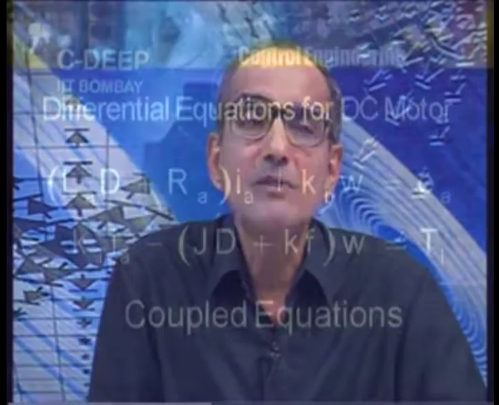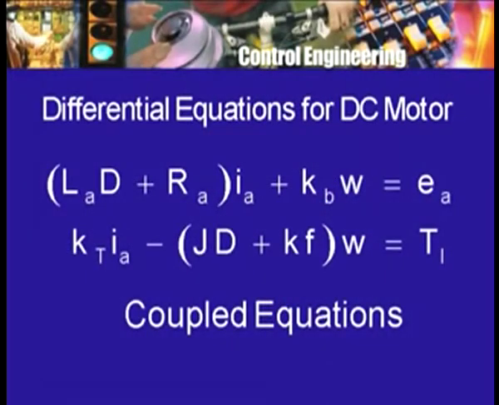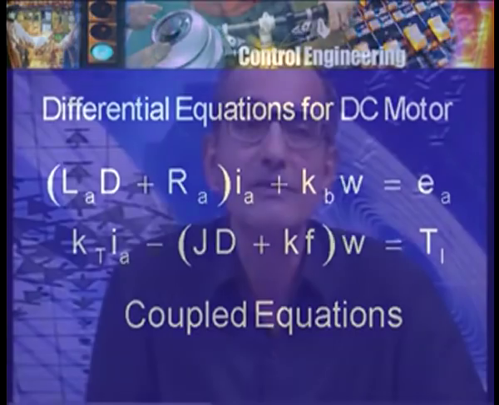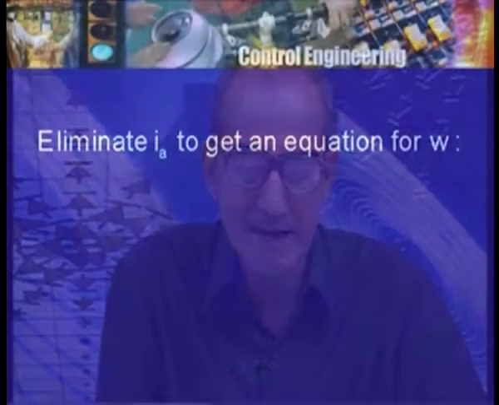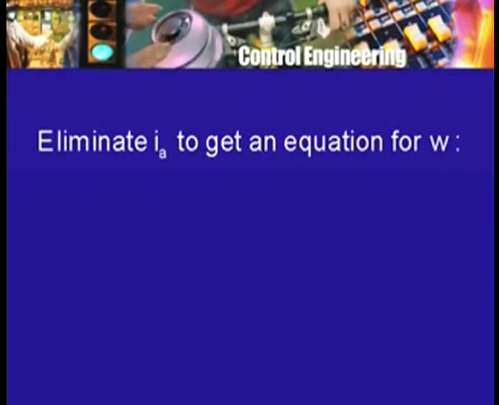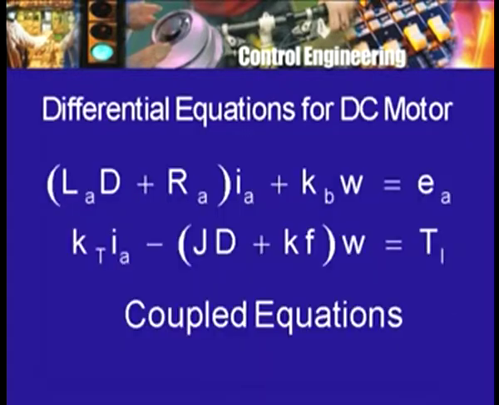Now, in the time domain approach, of course, I am not going to take the Laplace transform of these equations and then do any further manipulations. So, from these two equations how do I eliminate, let us say, the armature current IA, so that we obtain an equation for omega.